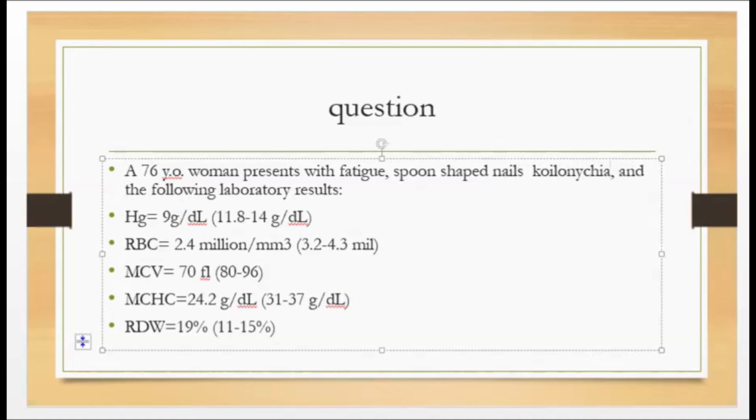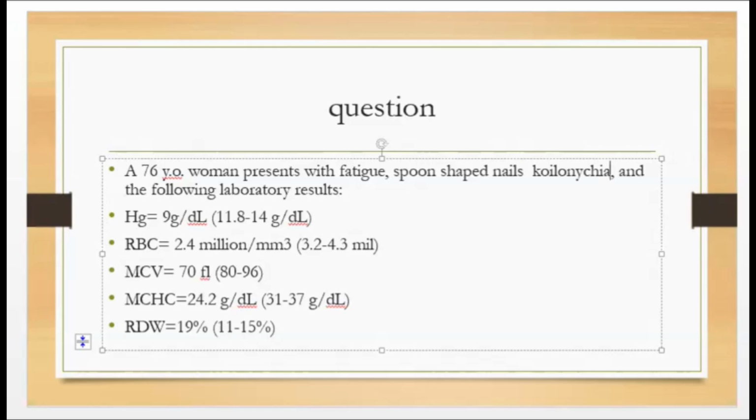And we say that iron deficiency anemia and thalassemia are under the same category. Iron deficiency anemia, thalassemia, and lead poisoning. These three things are under what we call small.